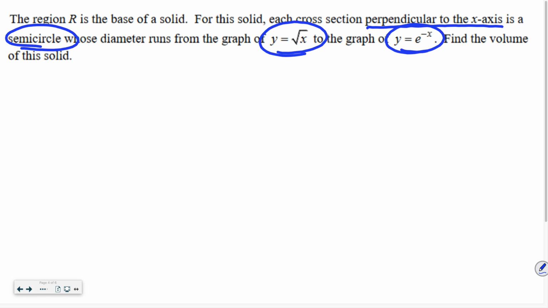This is one where you're going to be able to use your calculator, because that's the only way you're going to find the intersection between those two graphs. I'm going to give you a moment to graph these and find their intersection so that we can properly label our region.